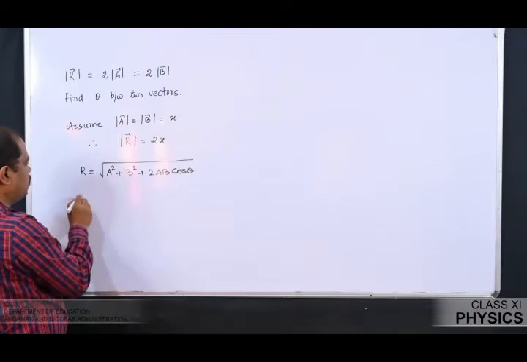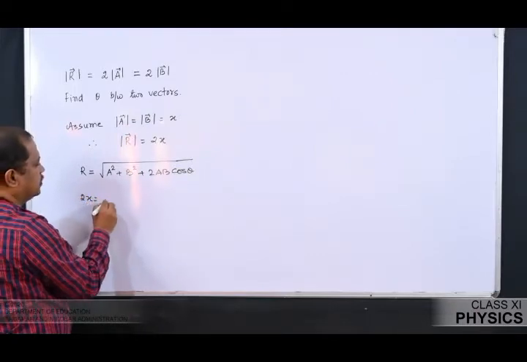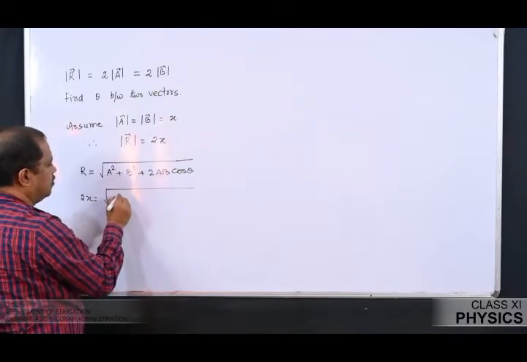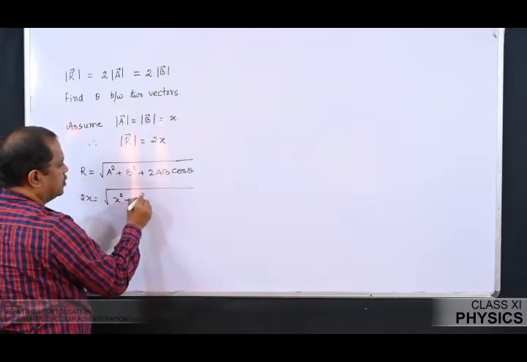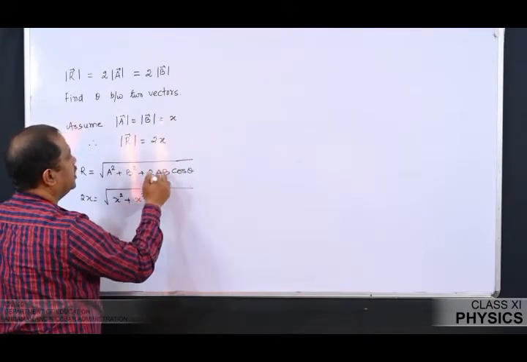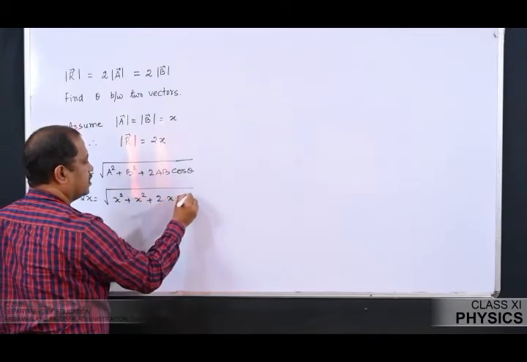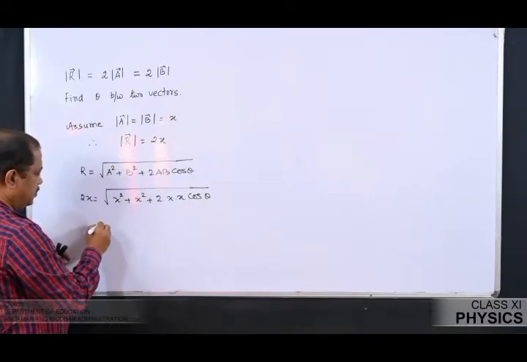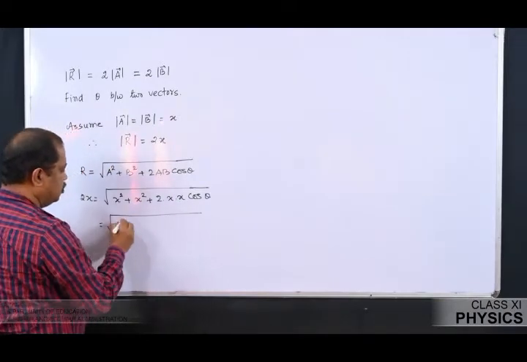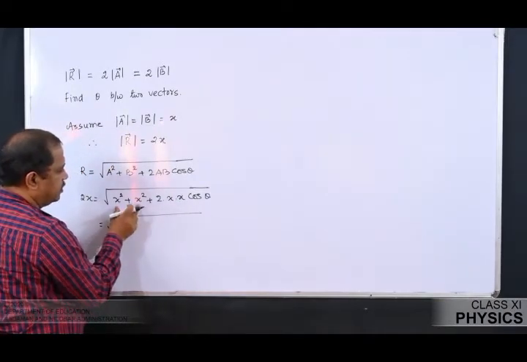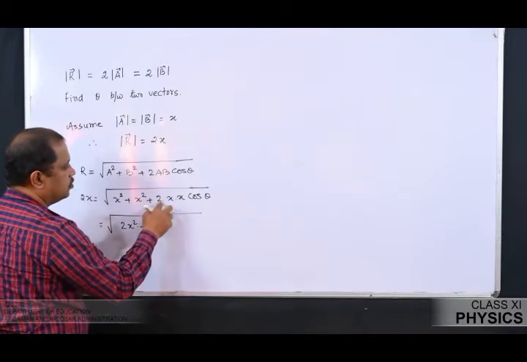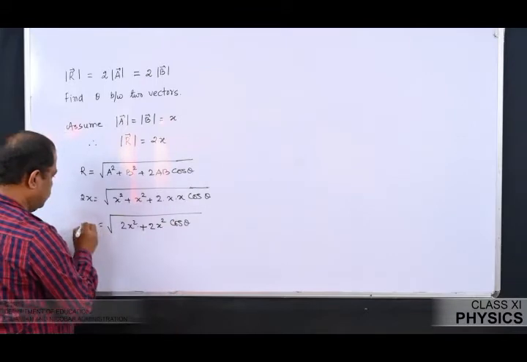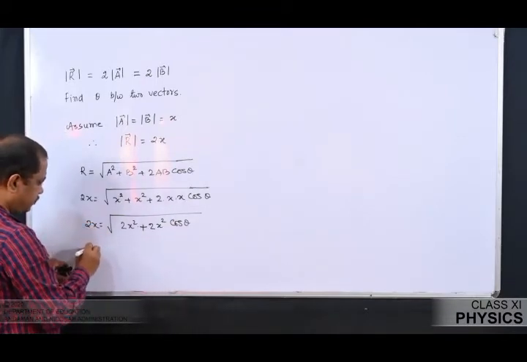So for this I am going to have twice X, which is equal to under root of A square, for me it will be X square, plus twice A and B will have X into X of cos theta. Else I have 2X square when I find the sum, plus 2X square cos theta.